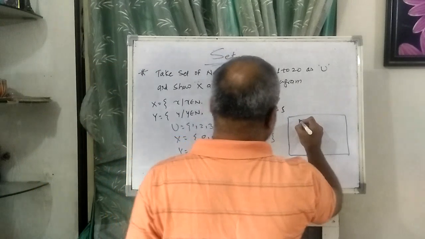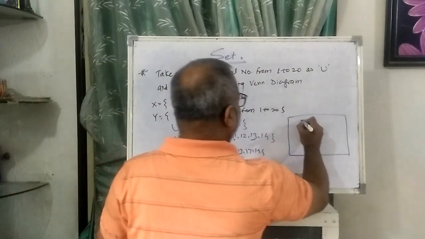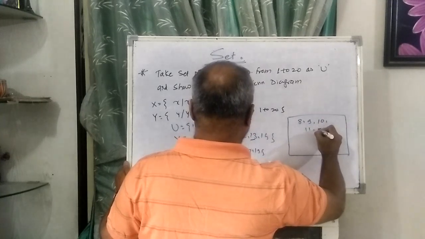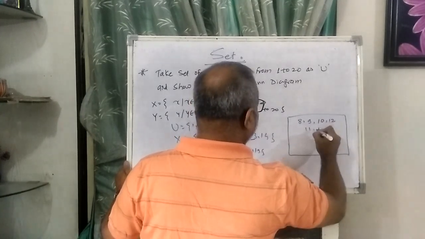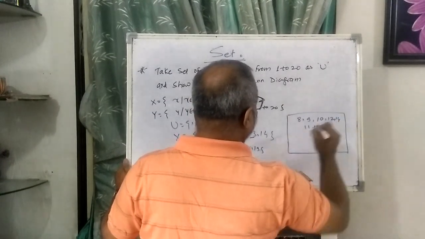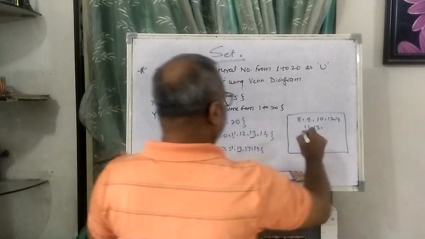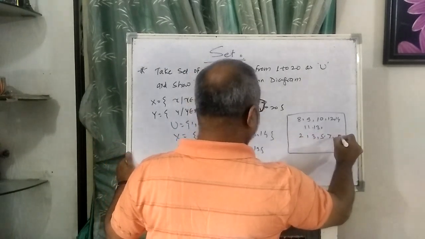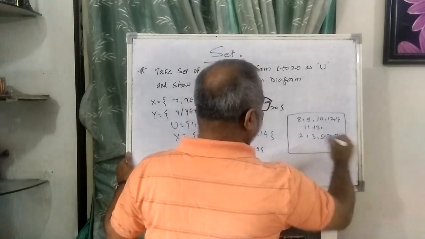Now I just write set X as 8, 9, 10, 11, 12, 13, 14. Here are 2, 3, 5, 7, 17, 19.